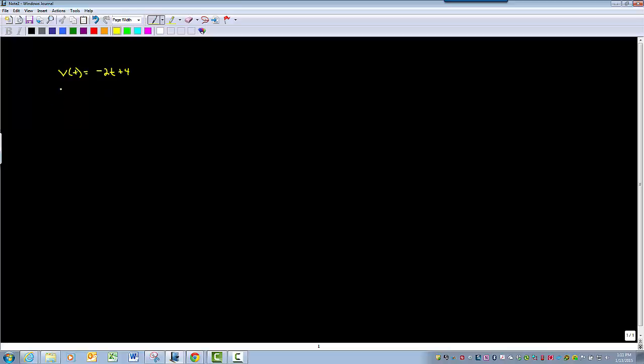And then let's also say that the function's initial position, so the position at time 0, s of 0, is equal to 10. Okay, feet or whatever it happens to be. I'll put feet in here, so this will be in feet per second. It's really irrelevant, the units here.